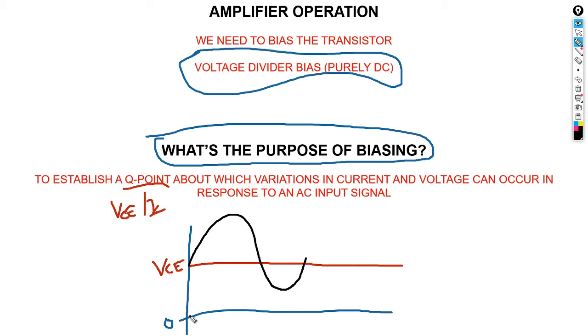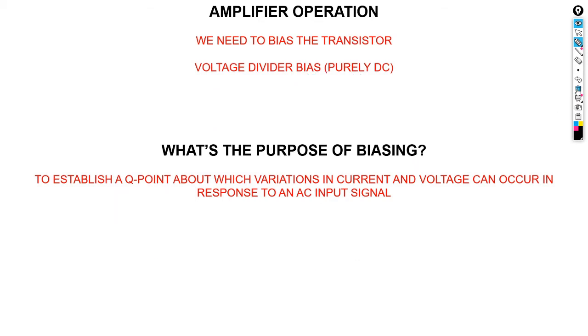The base reference is not at 0. We move it to VCE, so that it's at VCE where our variation in current or voltage will be. This VCE can be changed by the way we bias. We can move it to here, we can move it to there, but we bias our diode just to get our Q point where our current and voltage are going to do the variation.